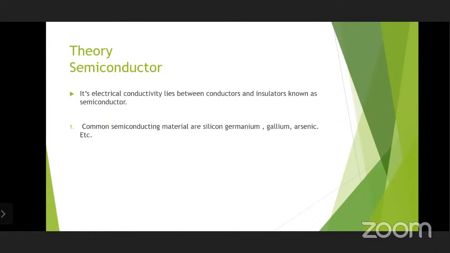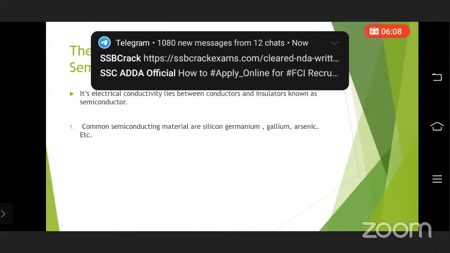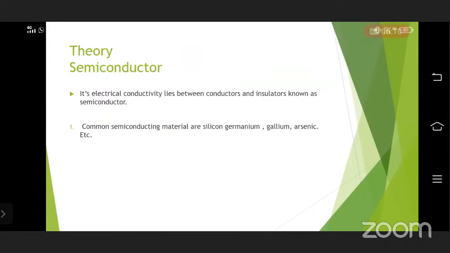Theory of semiconductor: a material whose electrical conductivity lies between conductor and insulator is known as semiconductor.